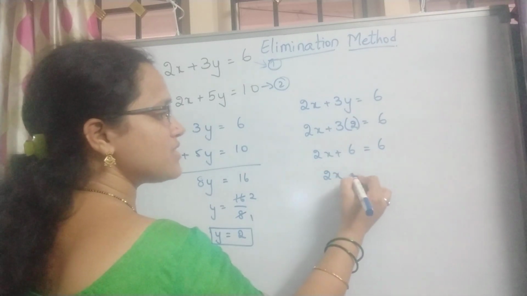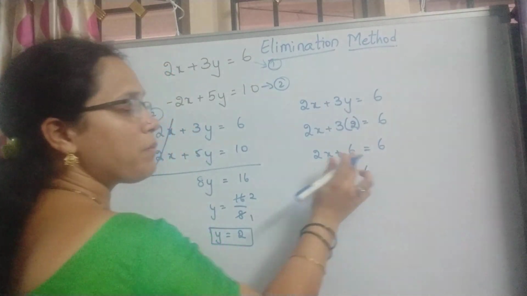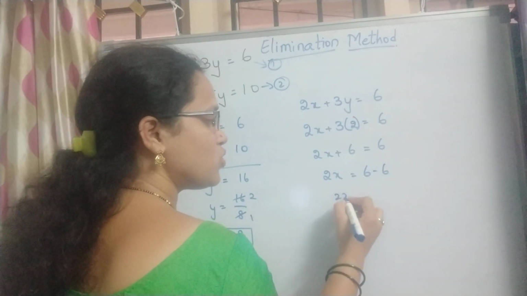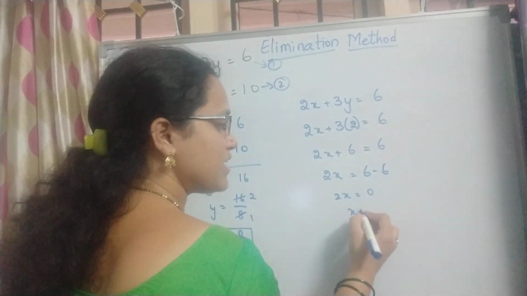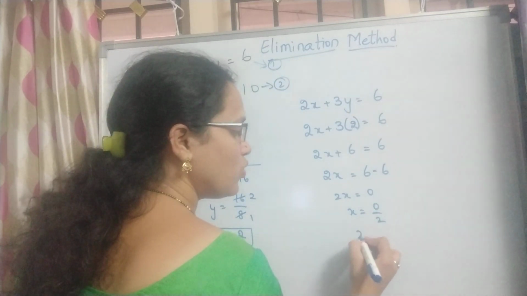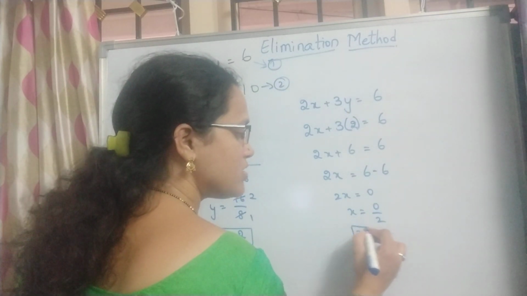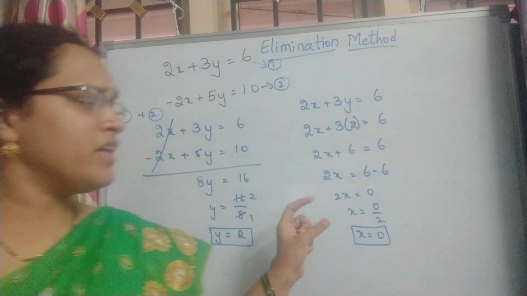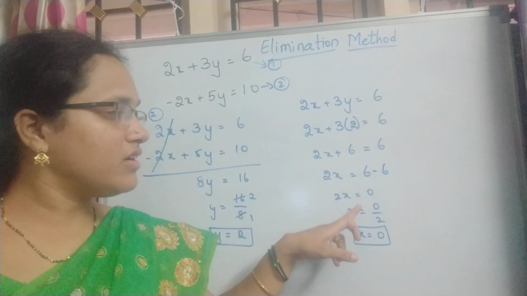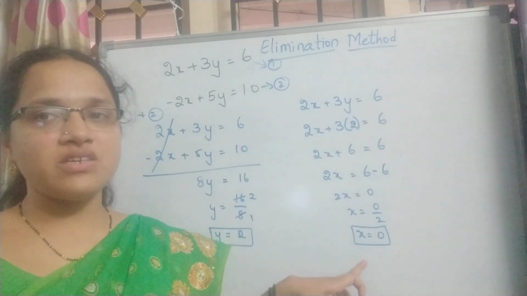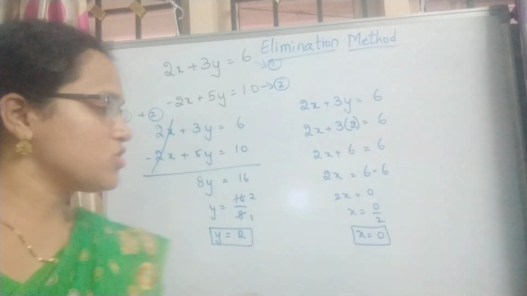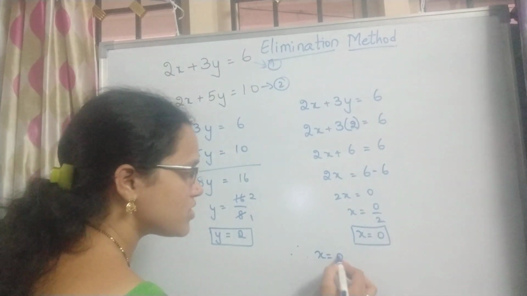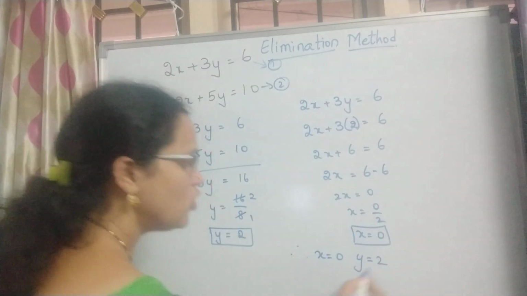So 2x is equal to 6 minus 6, because when it goes to the other side it becomes minus 6 by transposition. So 2x is equal to 0, where x is equal to 0 by 2, x is 0. Why? Because in any division where the dividend is 0, the answer will automatically be 0. So, the values are x is equal to 0 and y is equal to 2.